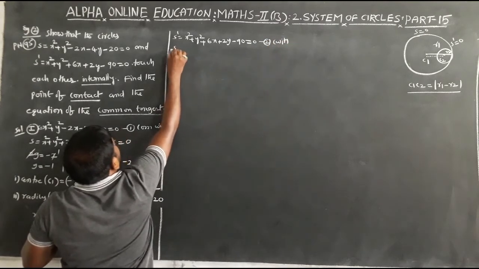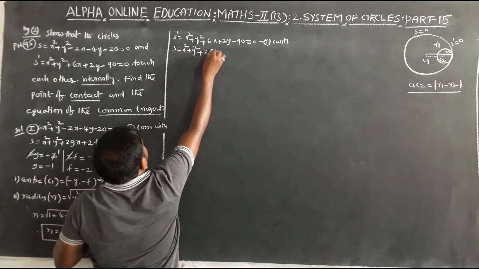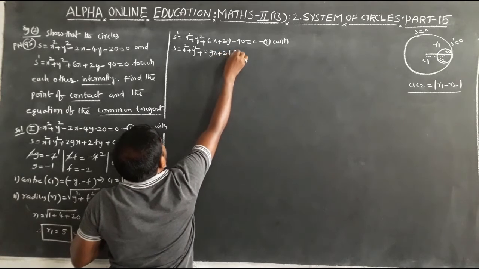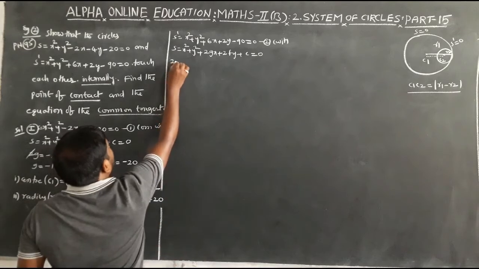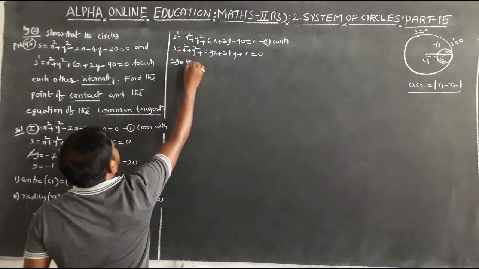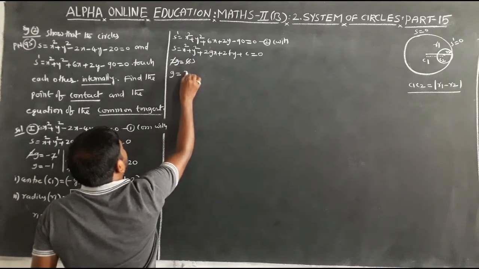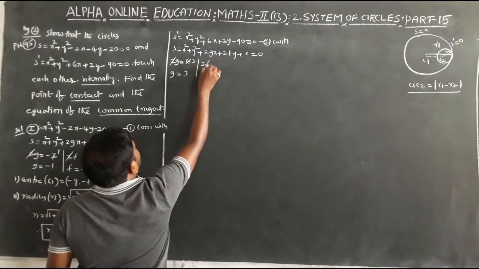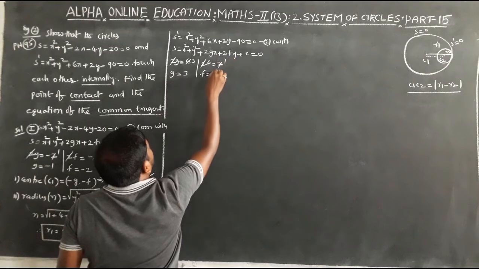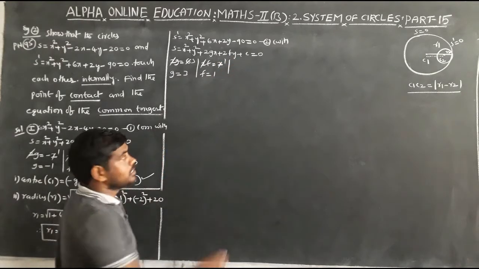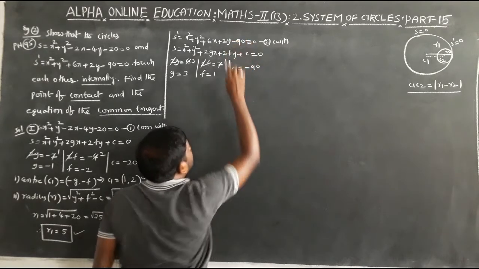Comparing with the general equation S = x² + y² + 2gx + 2fy + c = 0, here x coefficient 2g = 6, so g = 3. Y coefficient 2f = 2, so f = 1. C = −90.